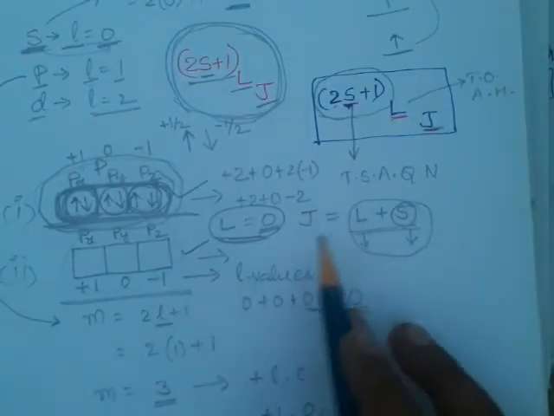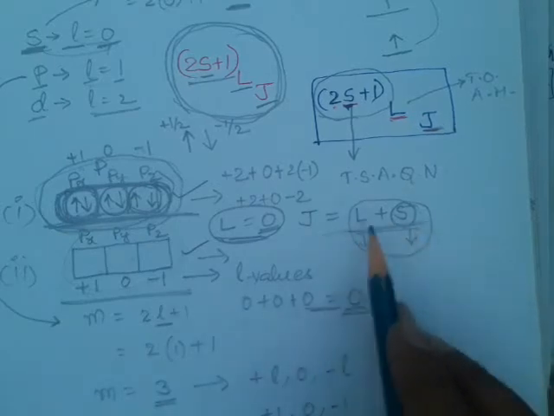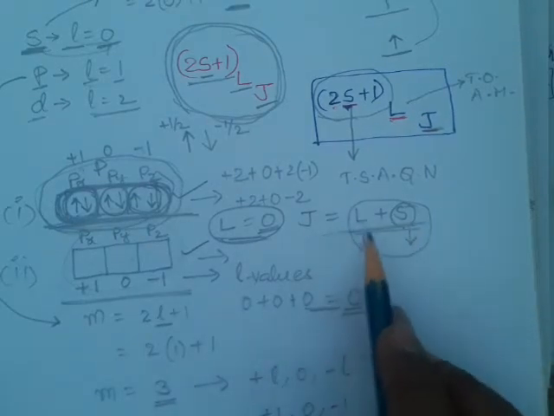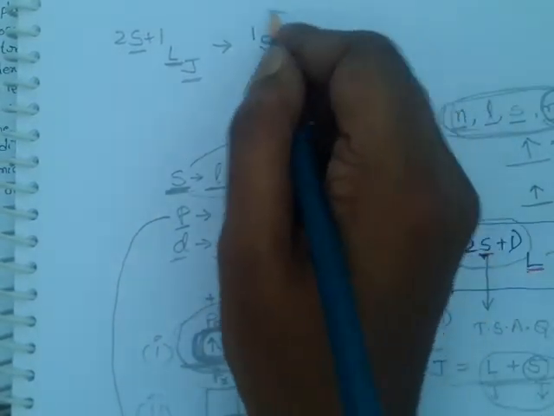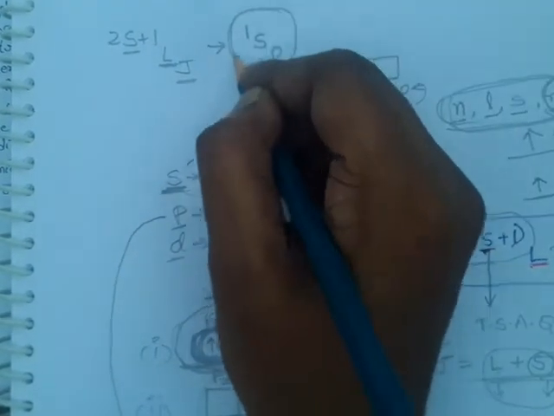What is the J value? J equals L plus S. L value is 0, S value is 0, so total 0 plus 0, 0. So the J value is 0. This is the term symbol.